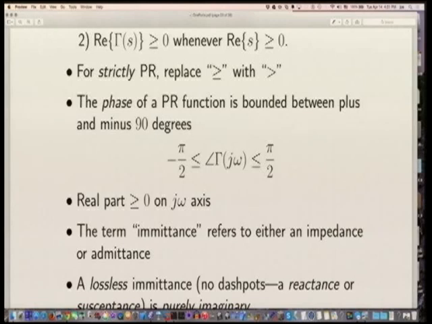And when the phase is 0, it's just a resistor, but it needs to be positive. So the real part needs to always be positive, and the phase can go to plus and minus 90 degrees, but it can't go outside of that range. In other words, it's not possible to look like a mass squared, or two masses. You can look like a mass, you can look like a spring, and you can vary in between those ranges, and that's all you can do. And that's all that will ever happen in a passive system.